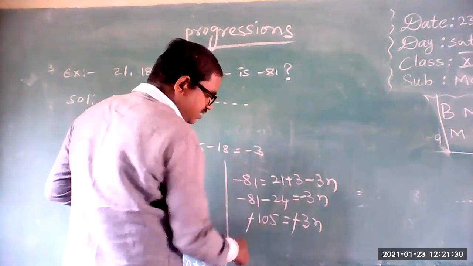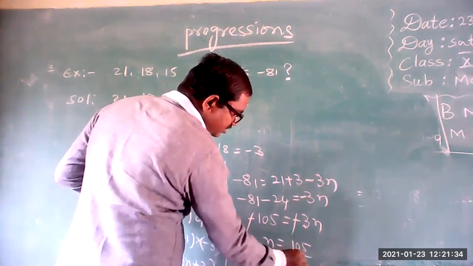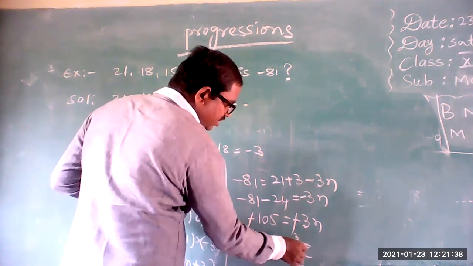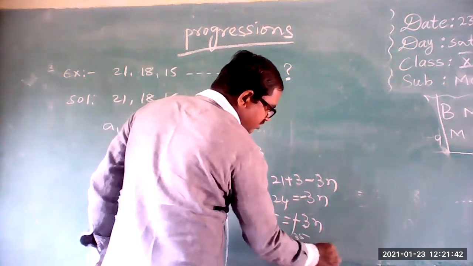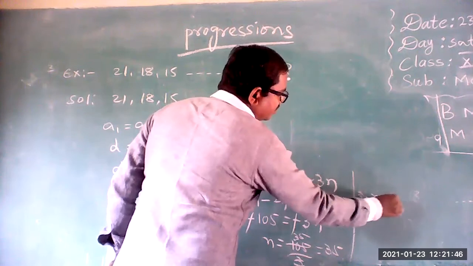The minus signs cancel, so n is equal to 105 by 3, which is 35. Therefore n is equal to 35.